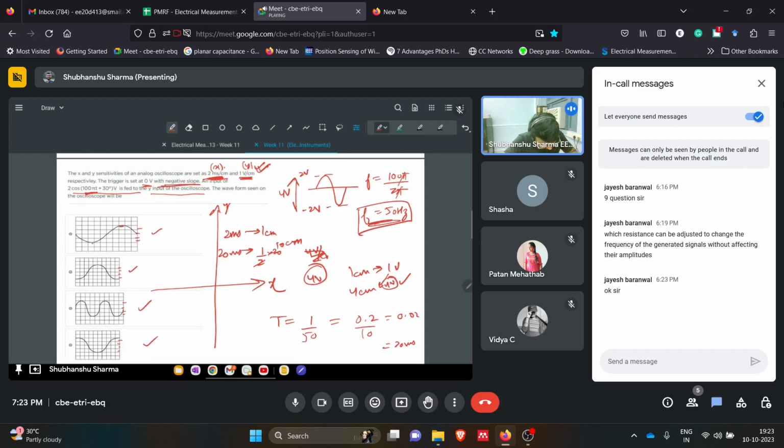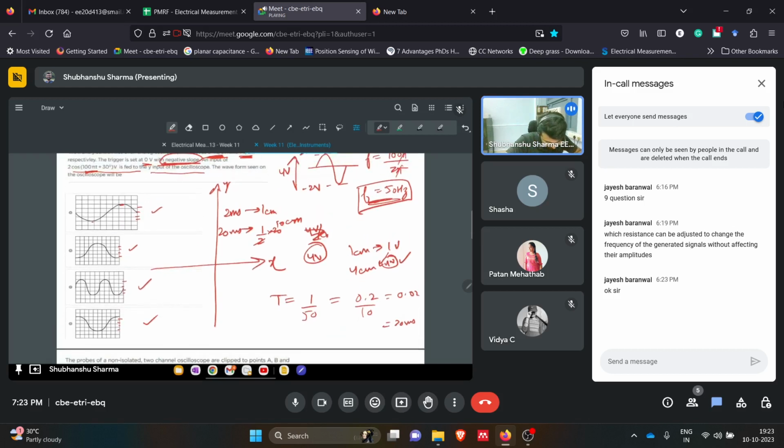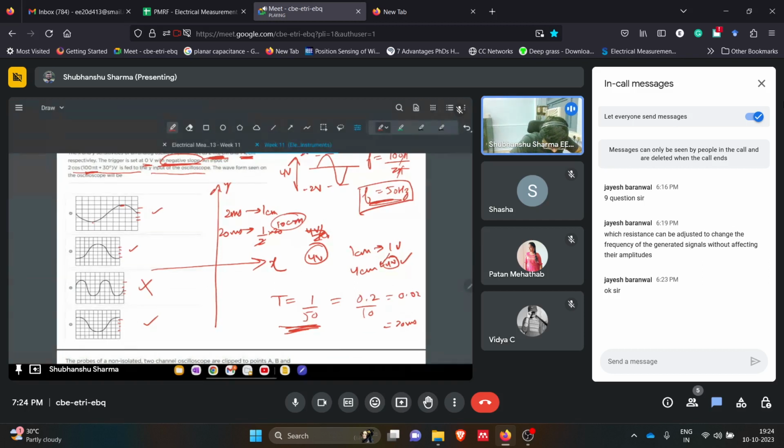Since the signal completes one complete cycle in these 10 blocks, because we are calculating one full time period for that block, definitely this cannot be the answer, because here we have two cycles. This one is a complete cycle, this is also complete, and this is also there.